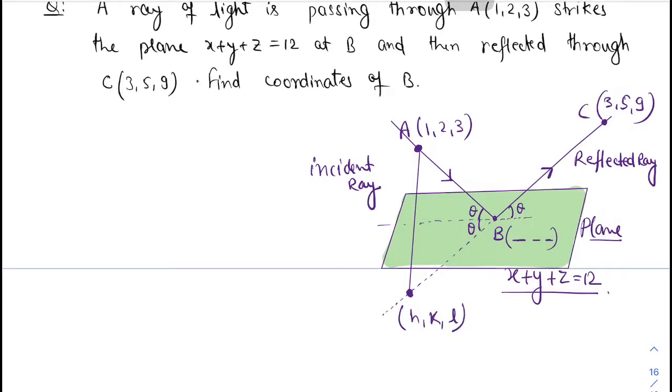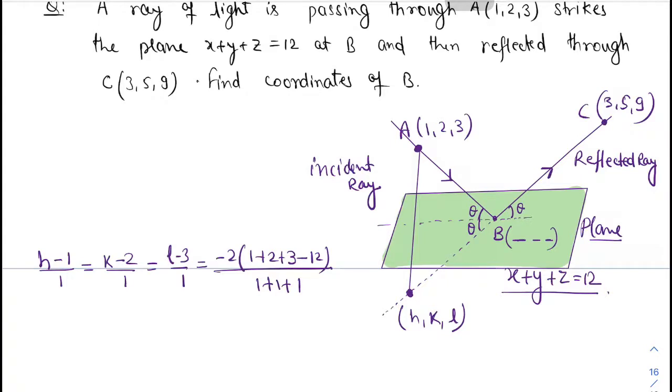We have the formula. If h, k, l is the image, then (h minus 1) upon 1 equals (k minus 2) upon 1 equals (l minus 3) upon 1 equals minus 2 times, putting the point A in the equation of the plane, (1 plus 2 plus 3 minus 12) divided by (1 plus 1 plus 1), that is a square plus b square plus c square.